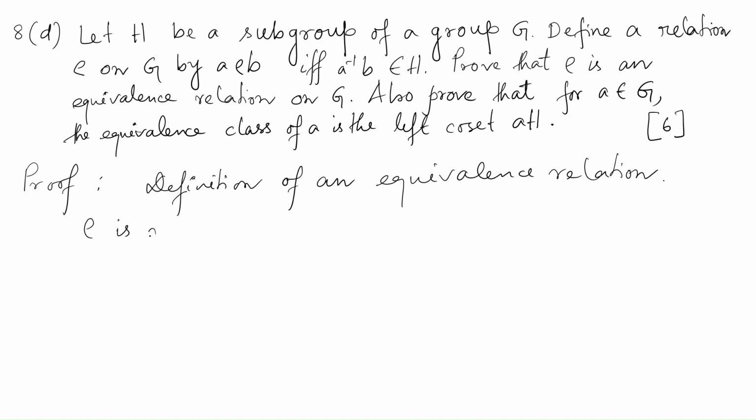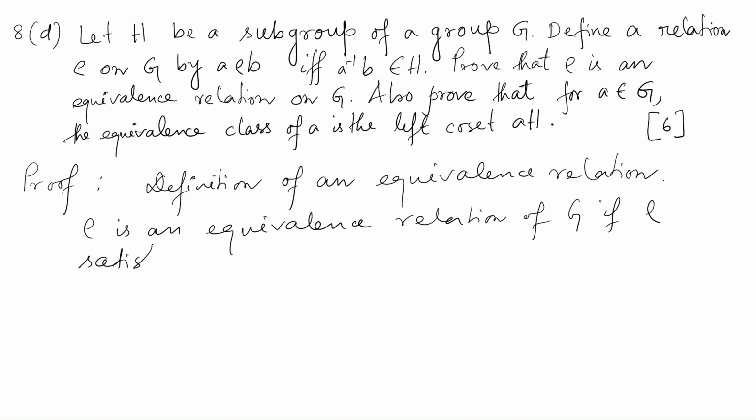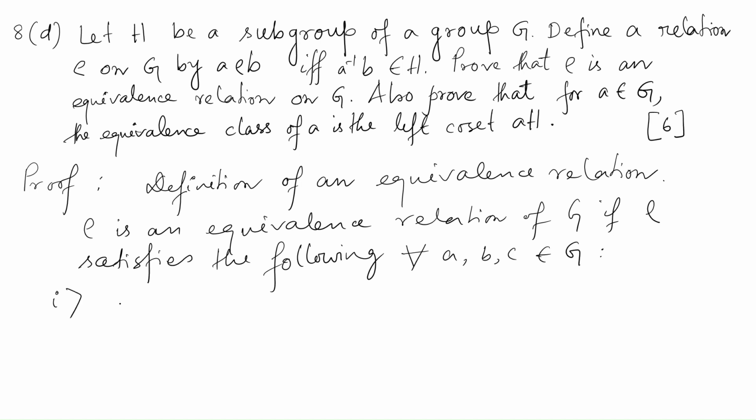Rho is an equivalence relation on G if rho satisfies the following for all a, b, c belongs to G. Number 1, a rho a, that is called reflexive.